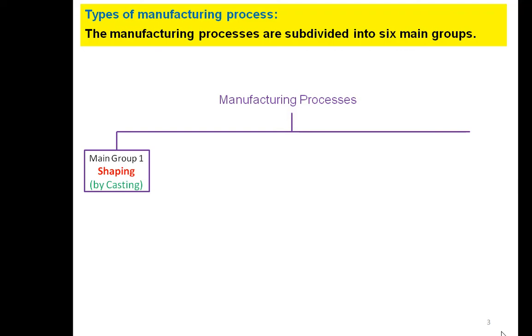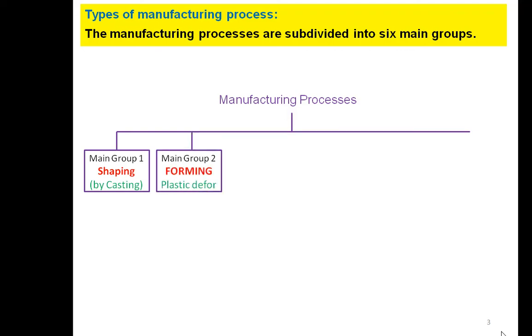Then this casted part, it is to be taken out from the mold cavity after cooling the casted product. So there are different types of casting process: sand casting, investment casting, centrifugal casting, continuous casting, etc.